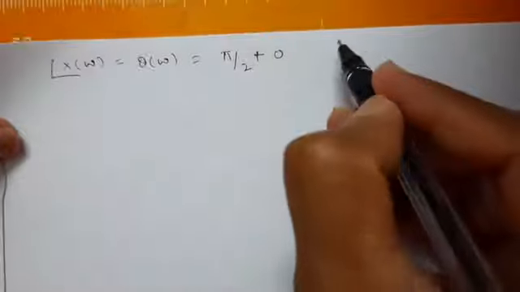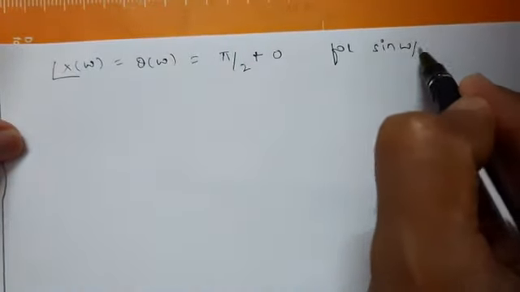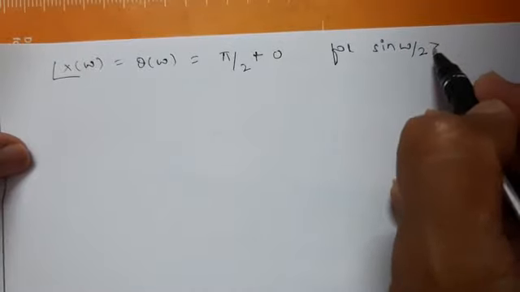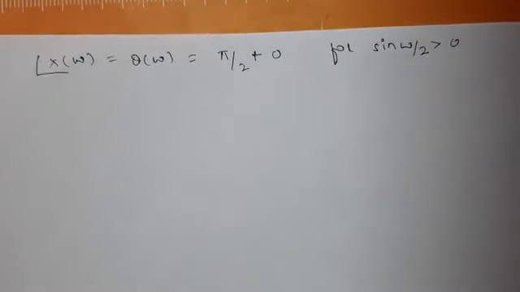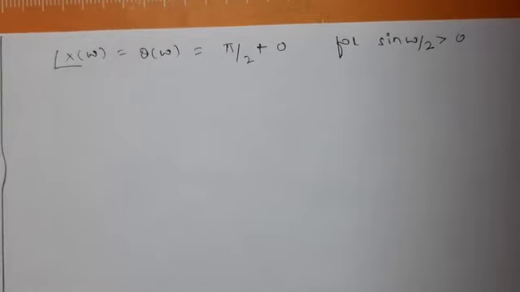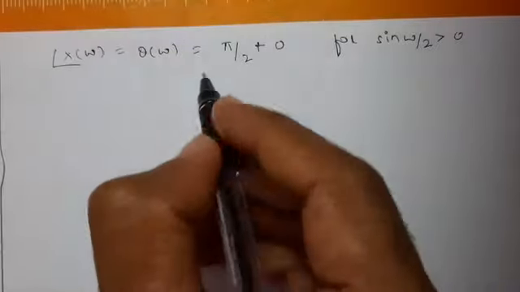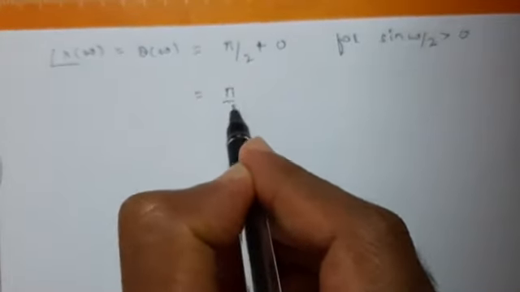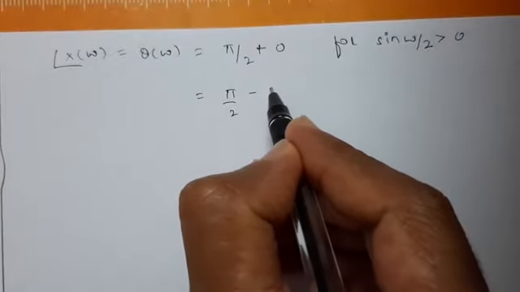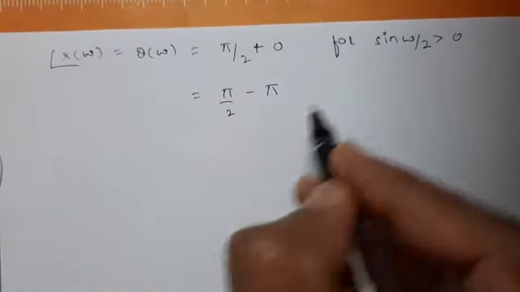For what value? For sine of omega by 2 when it is greater than 0. So when sine of omega by 2 is greater than 0, what it is contributing, the angle contributed by it is 0, and the angle contributed by it is minus pi.